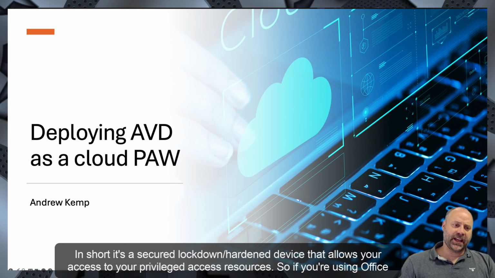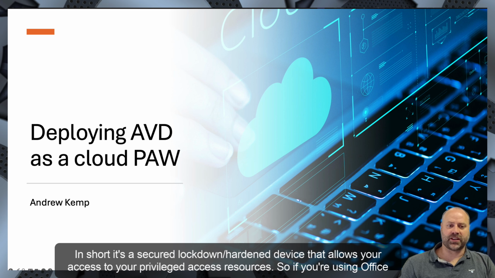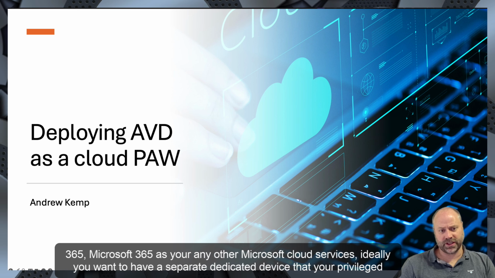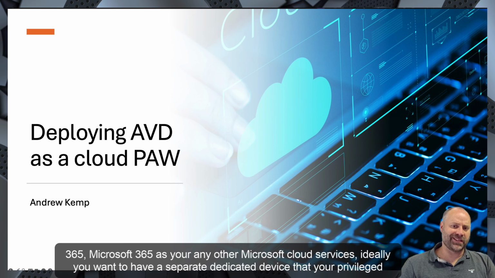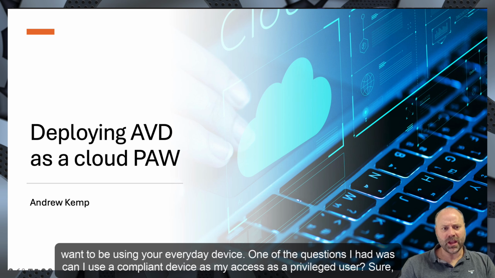In short, it's a secured, locked down, hardened device that allows you access to your privileged access resources. So if you're using Office 365, Microsoft 365, Azure, any of the Microsoft cloud services, ideally you want to have a separate dedicated device that your privileged users can log on to and perform tasks from. You don't want to be using your everyday device.